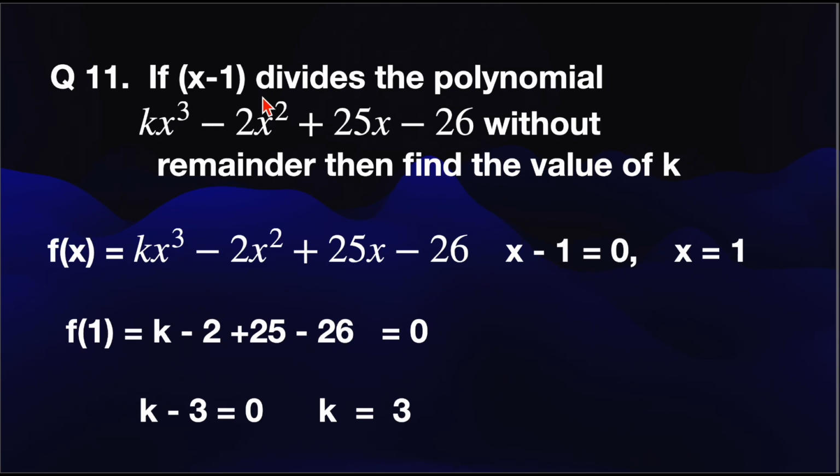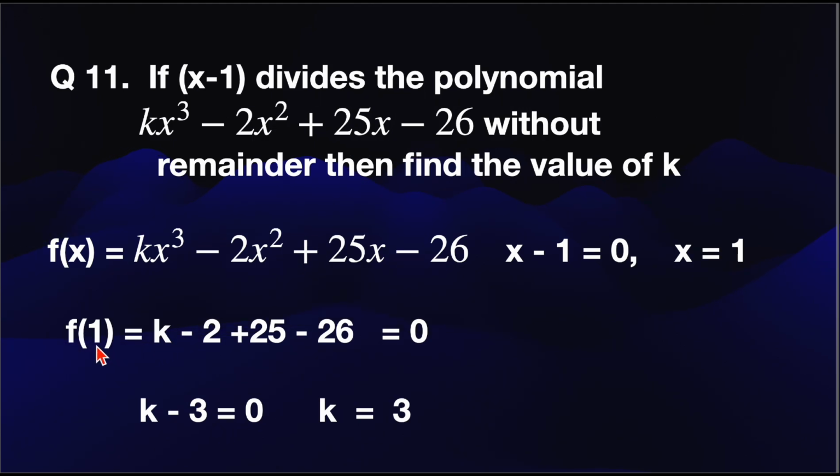If x minus 1 divides the polynomial without remainder, then find the value of k. Without remainder means the remainder is 0. So, again, write x minus 1 is equal to 0. The value of x is 1. Put the value of x 1 here in this polynomial and simplify it.